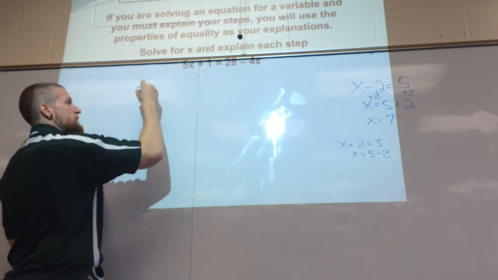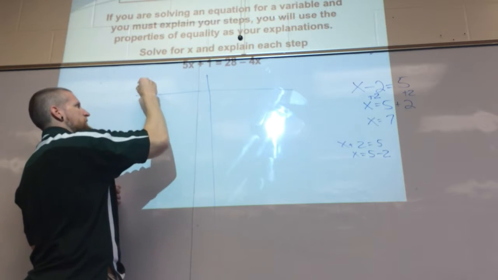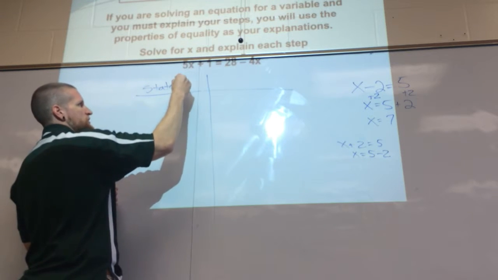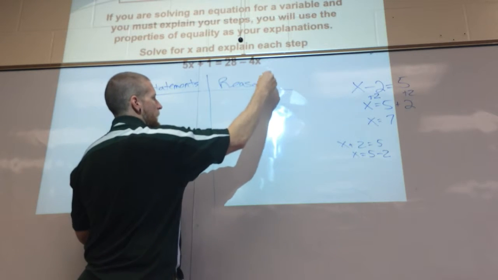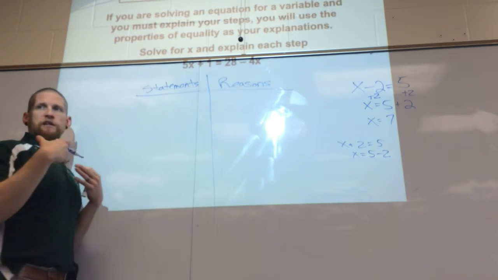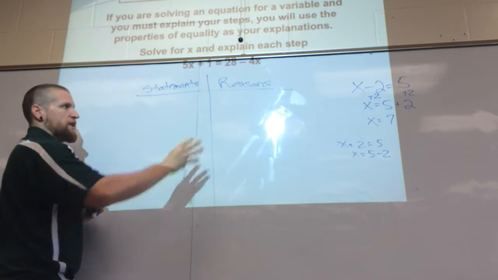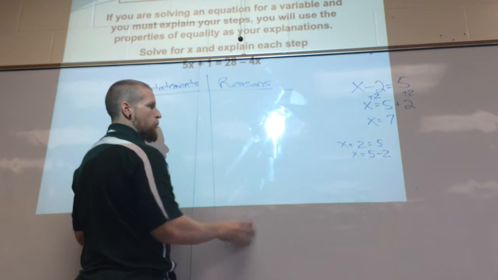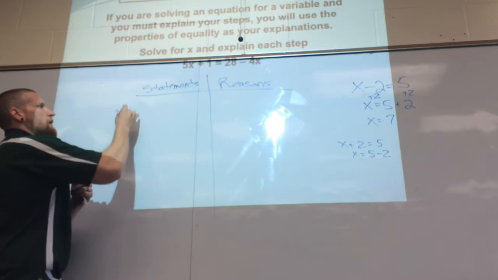So the way I'm going to do this is as a 2-column proof. That means I want this set up as statements on one side, reasons on the other. And again, I'm doing this simply so that you can get a feel of what these look like and a habit of writing all the work on one side and your reasons why you're doing that work on the other, or what allows you to do those steps.